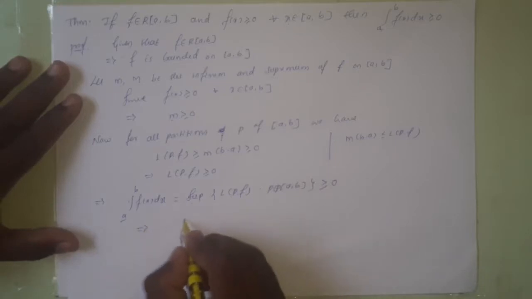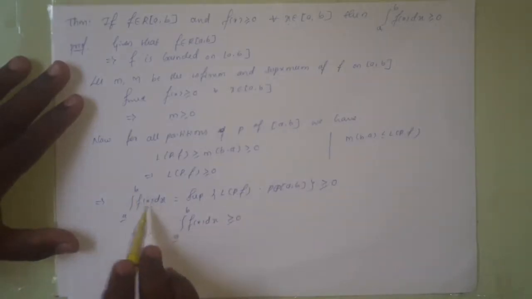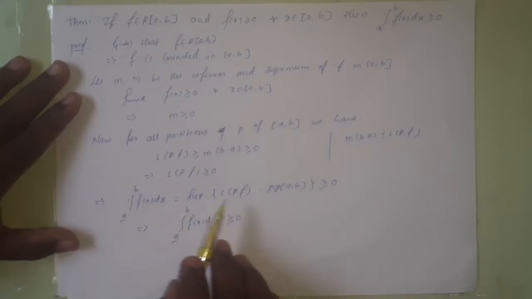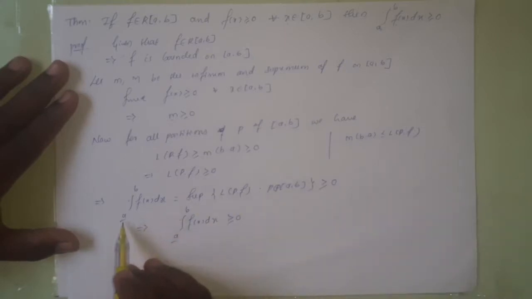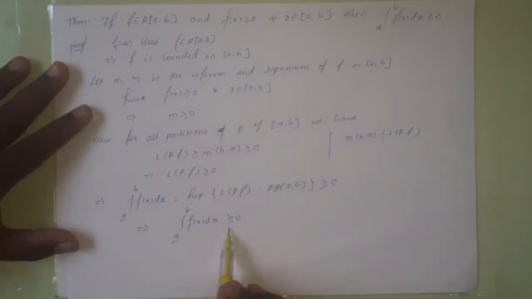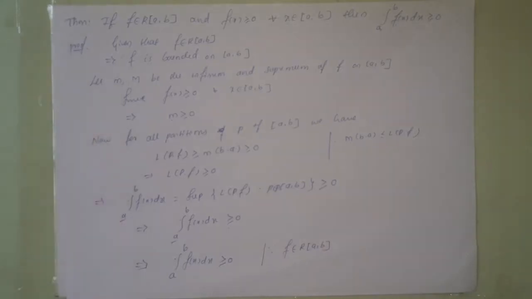So, therefore, we can write that the lower integral from a to b of f(x) dx is greater than or equal to 0, because the lower integral is nothing but the supremum of L(P, f), and the supremum of L(P, f) is always non-negative. Then we can write that the integral from a to b of f(x) dx is greater than or equal to 0, because f is a Riemann integrable function on the closed interval [a, b].